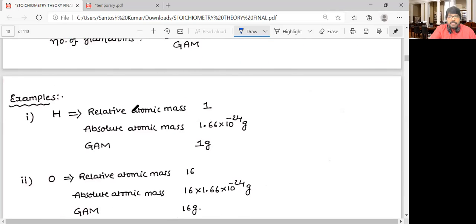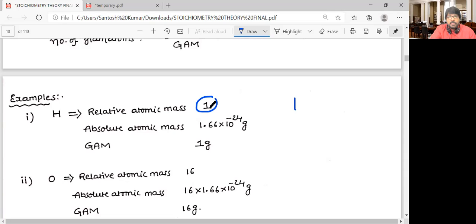If you take hydrogen, relative atomic mass of hydrogen is 1. You may ask, sir, how 1? I told you already, I will give the list of relative atomic masses, 1 to 20, you need to remember. Beyond 20, they will definitely give in the questions. Absolute atomic mass, how do you get? Absolute atomic mass is equal to relative atomic mass into AMU mass.